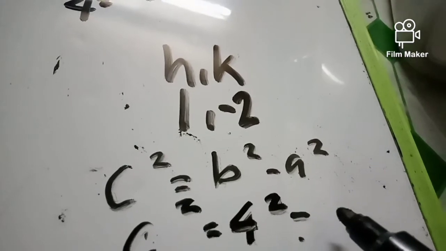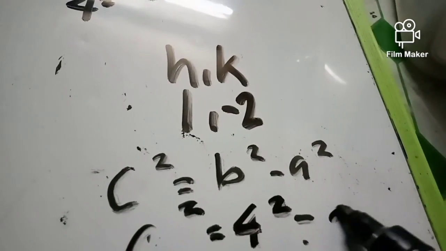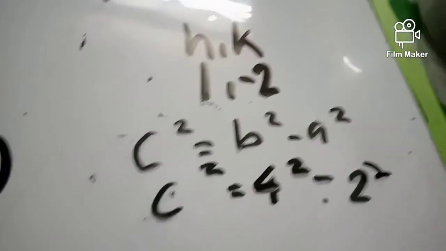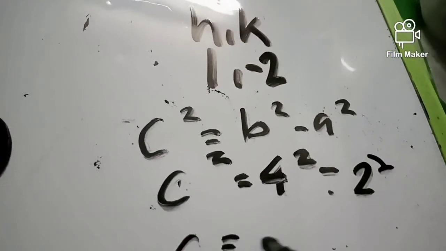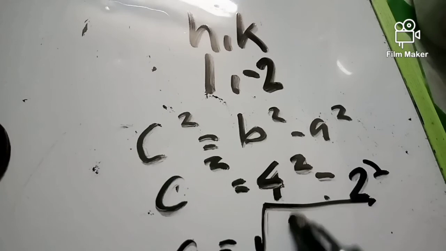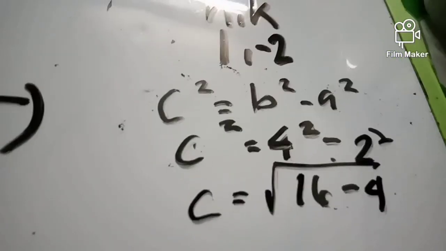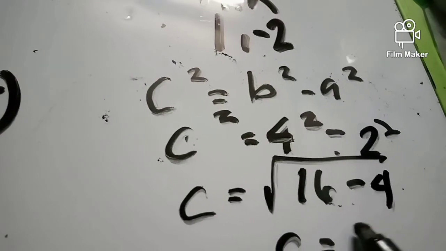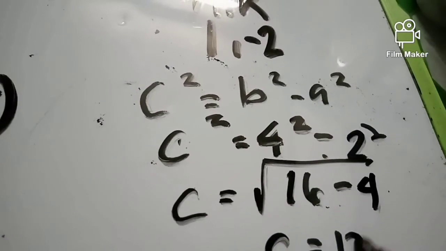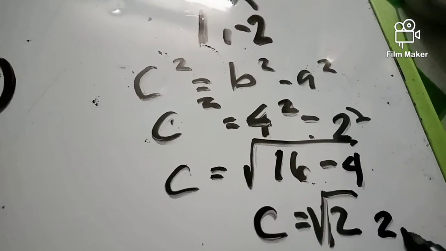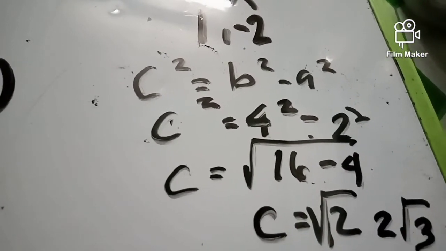And then, ang A squared natin ay 2 squared, right? So, second step natin, ito ay magiging 16 minus 4. Tapos, 16 minus 4 will become 12. So, ano square root ng 12? So, 2 square root of 3.